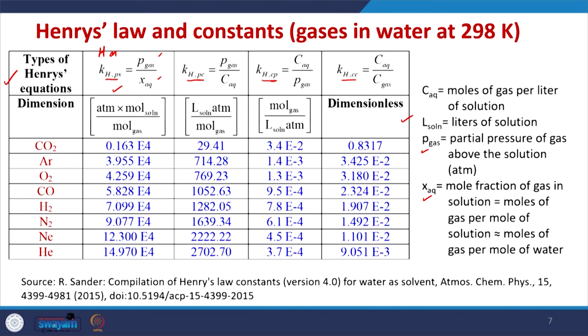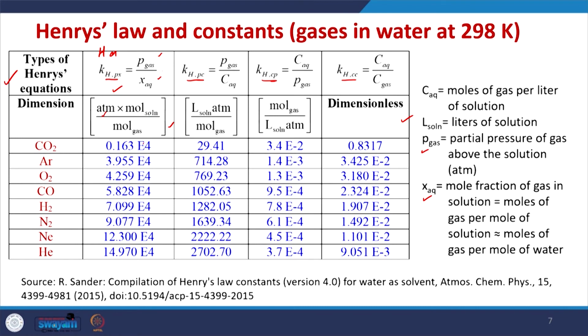Depending upon the unit, we should see what dimensions are given for Henry's constant. Generally it may be atmosphere only or any pressure unit. It is possible that atmosphere is there because mole will cancel out, so for the Henry's constant in this case it is written only as atmosphere.